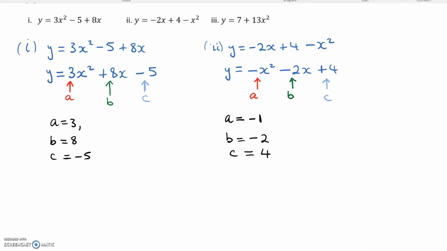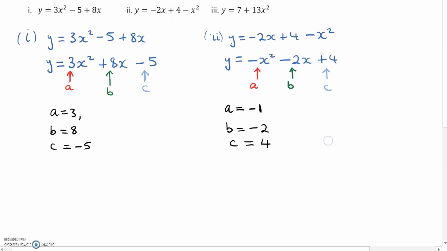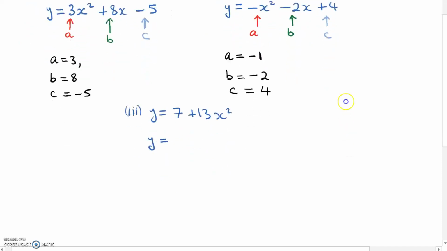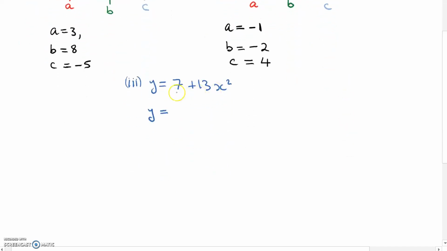And then the last one is going to be number 3. I'll do it down here. y equals 7 plus 13x squared. Well, we would rearrange this. Let's pull it up a little bit off the bottom of your screen.